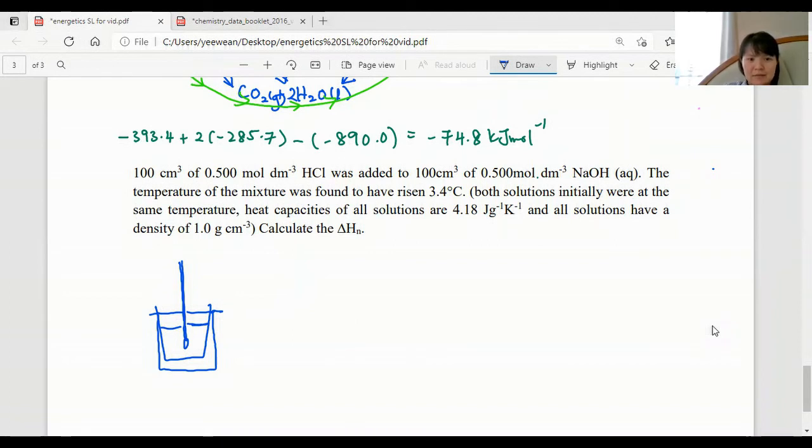Okay, so there's 100 centimeter cube of acid and same thing for base. They have the same volume and concentration. Volume and concentration is the same. And the temperature rise is 3.4 degrees Celsius. So if they give us the temperature rise, that will be the same thing as Kelvin.